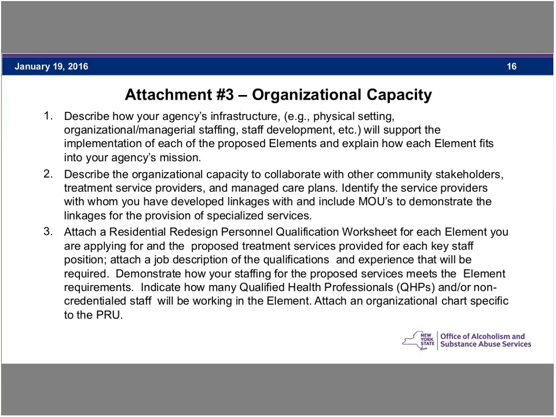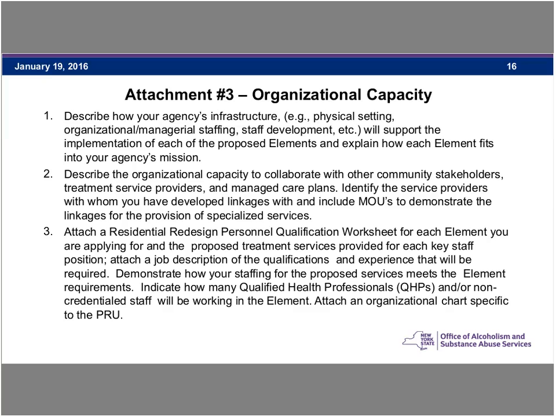The third thing is to attach a residential redesign personnel qualification worksheet for each element you are applying for, and the proposed treatment services provided for each key staff position. Attach a job description of the qualifications and experience that will be required. Demonstrate how your staffing for the proposed services meets the element required.